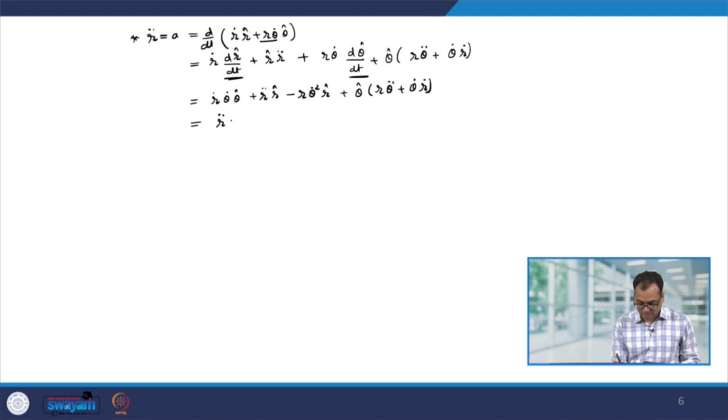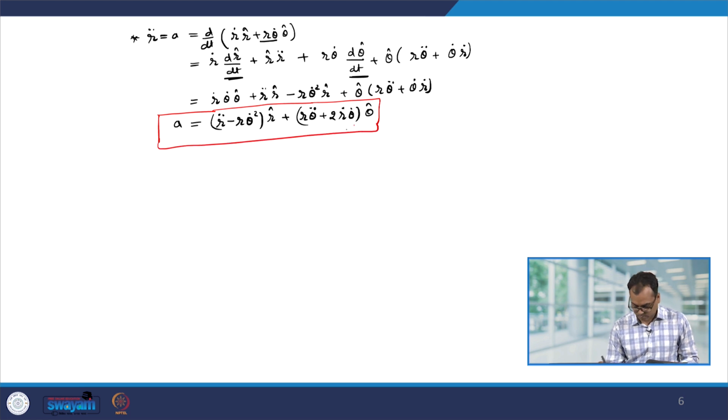So, we have (r double dot minus r theta dot square) r cap plus (r theta double dot plus 2 r dot theta dot) theta cap. This is the expression for the acceleration.